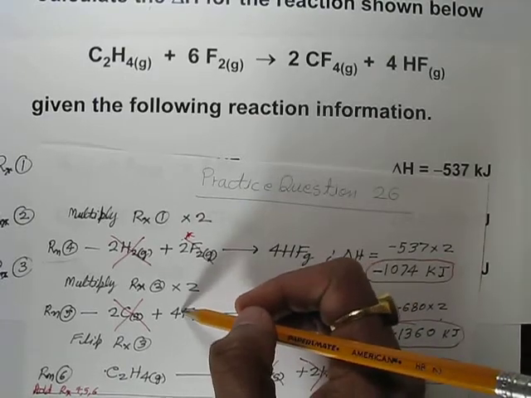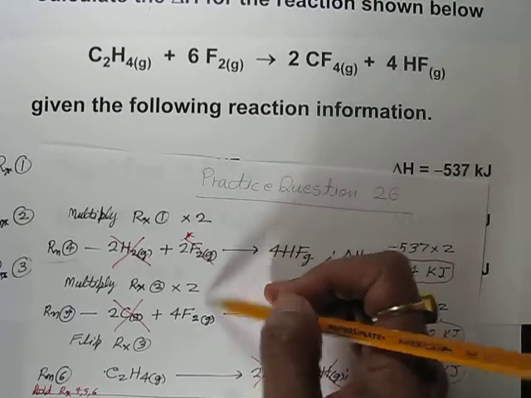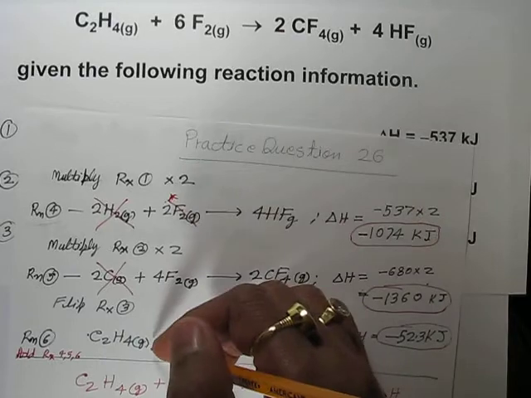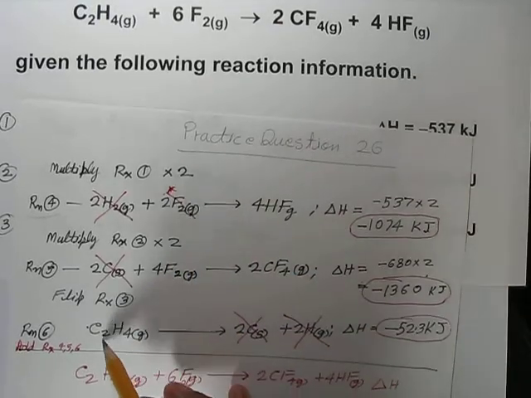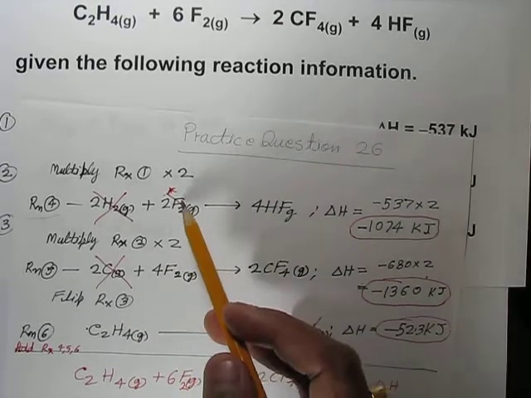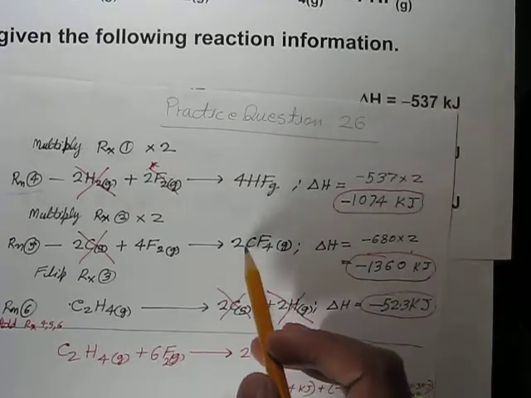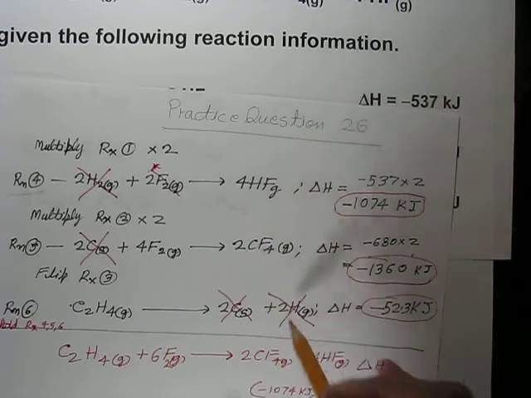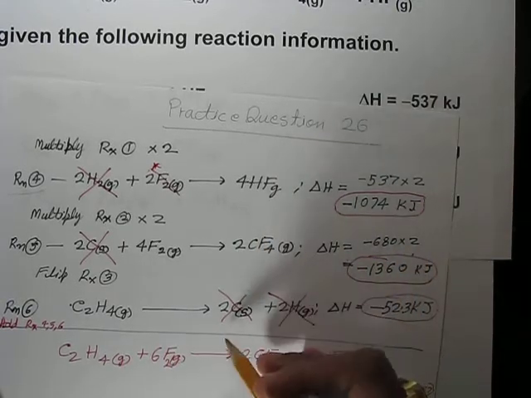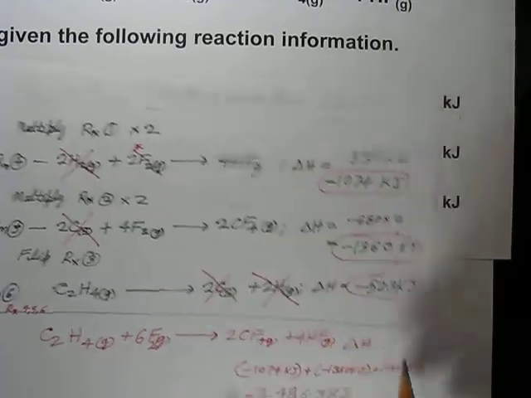So we have 4 fluorine and then 2 fluorine, so we can add them together. Once you add all these reactions, this will become C2H4 gas plus 6 fluorine gives out 2 CF4 and then 4 HF, and all the other products will be cancelled out.